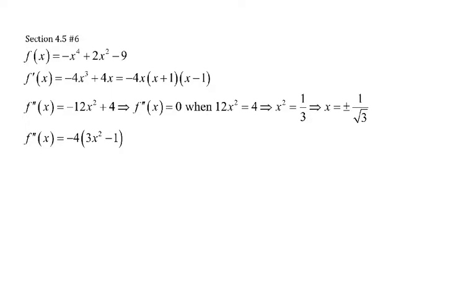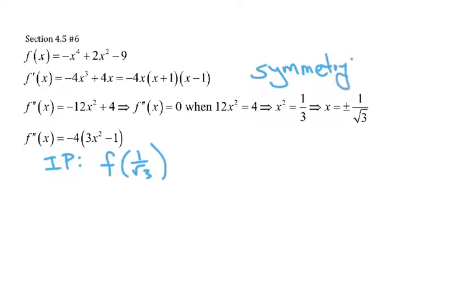So let's see. All right, let's figure out the inflection points. We only have to do one of them because of symmetry. f of 1 over the square root of 3 is going to be equal to f of negative 1 over the square root of 3.